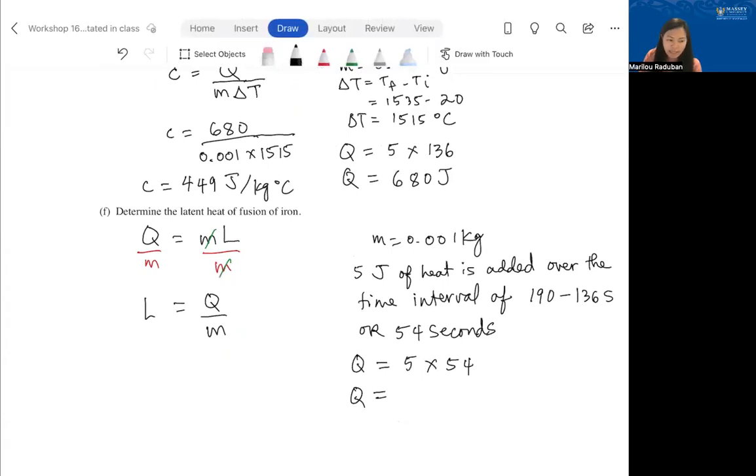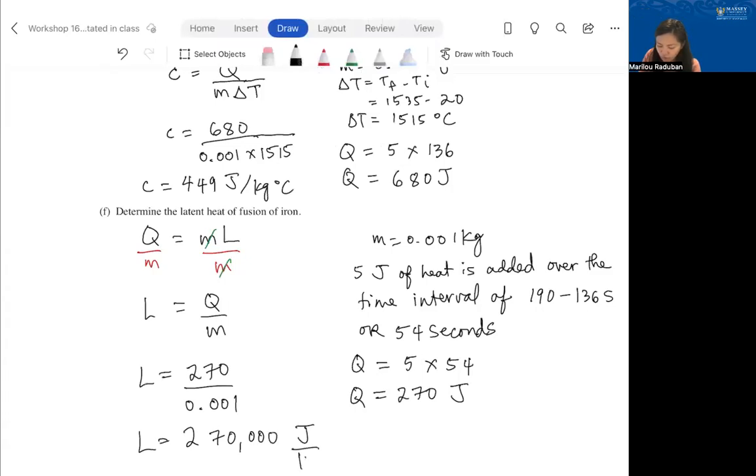So that's a heat added of 270 joules. All right, so the latent heat of fusion is therefore 270 divided by 0.001, which is 270,000 joules per kilogram.